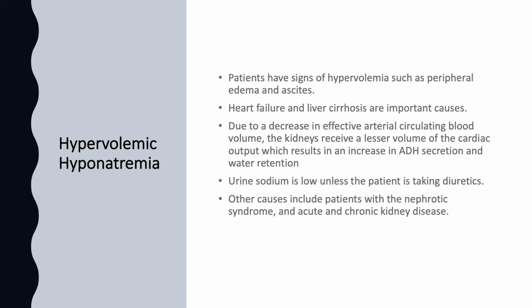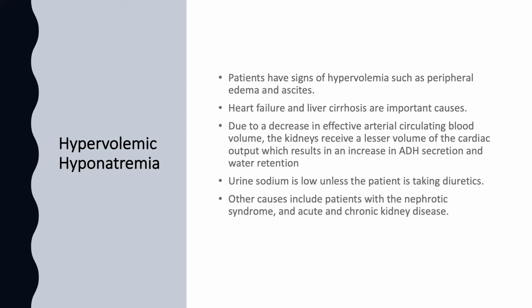What about hypervolemic hyponatremia? Here we have signs of volume overload, edema, ascites, like patients with heart failure, liver cirrhosis. Here the effective arterial circulatory blood volume, what's inside the artery, is decreased. The kidneys get a sense, oh, we're not getting enough of the cardiac output.